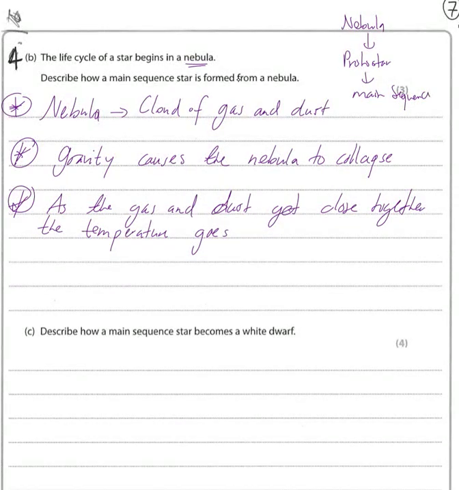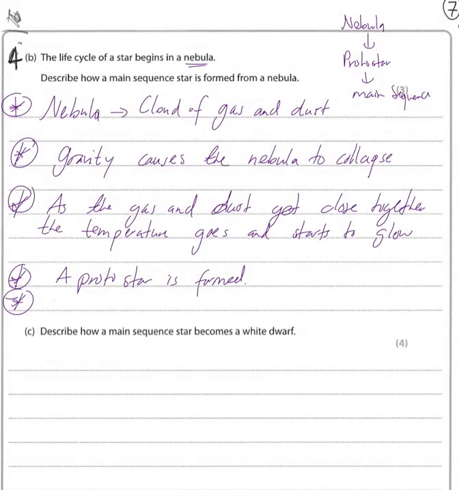So it gets hot and starts to glow. Okay, a protostar is formed. Protostar is formed. Okay, and what's going to happen is then it's going to get hotter. The temperature is going to keep going up, as gravity keeps pushing them together.